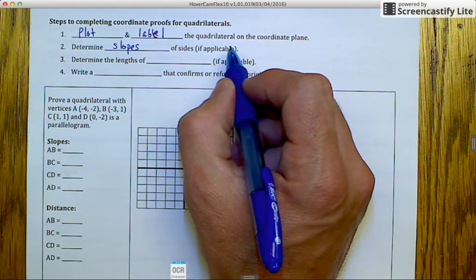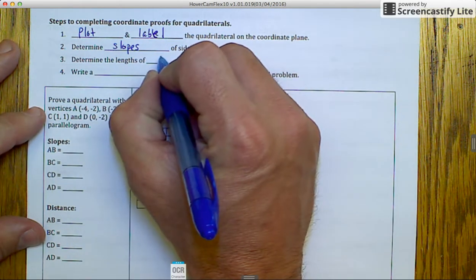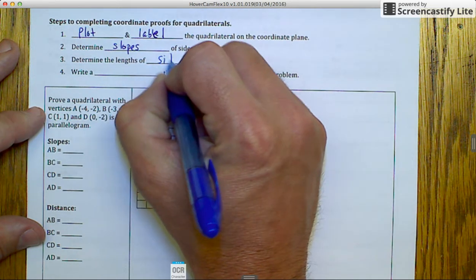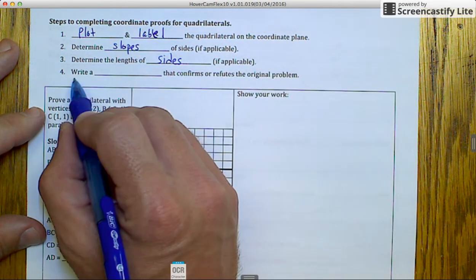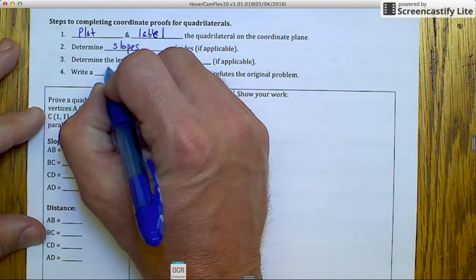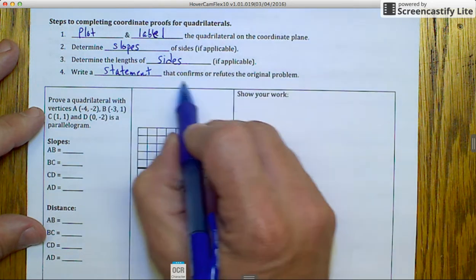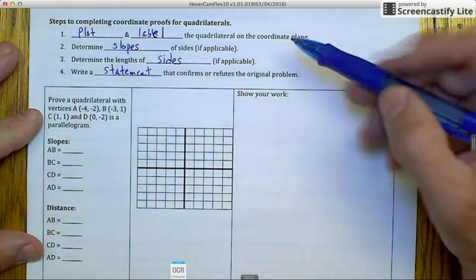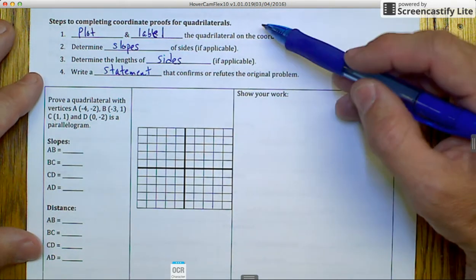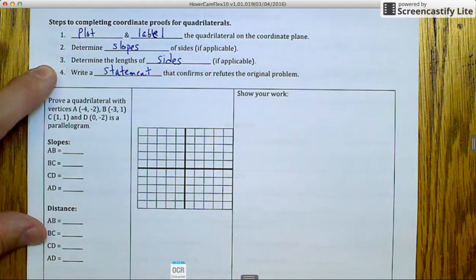The third thing that we're going to do is determine the lengths of the sides, if applicable. And again, we're going to write a statement that confirms or refutes the original problem. So let's see what these 4 things mean. And I'm going to refer back to step 1, step 2, step 3, and step 4 in our example.